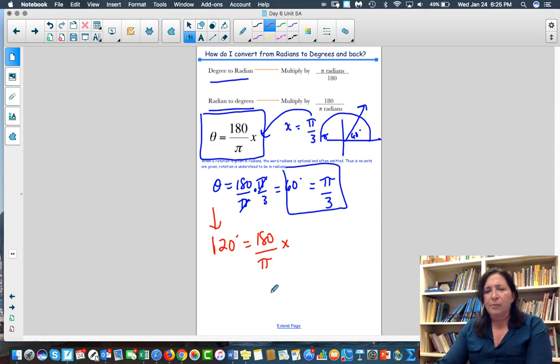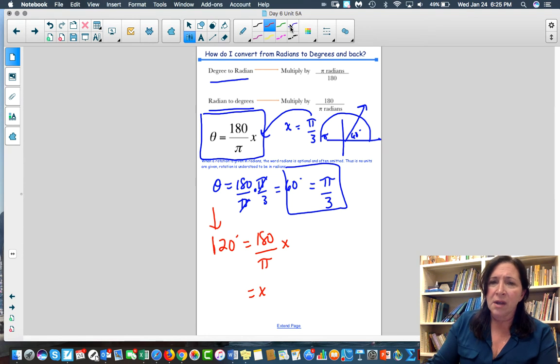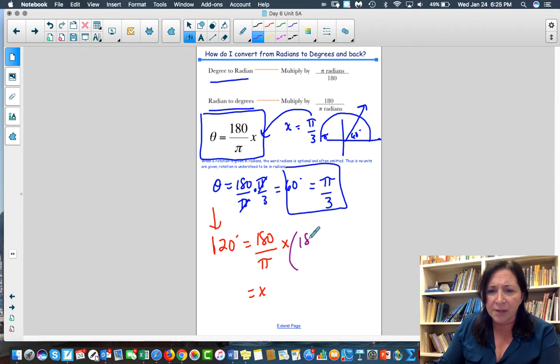To get x by itself, because ultimately I am trying to find the radian value, I would multiply both sides by the reciprocal of 180 over pi, which is pi over 180. These cancel and make 1.